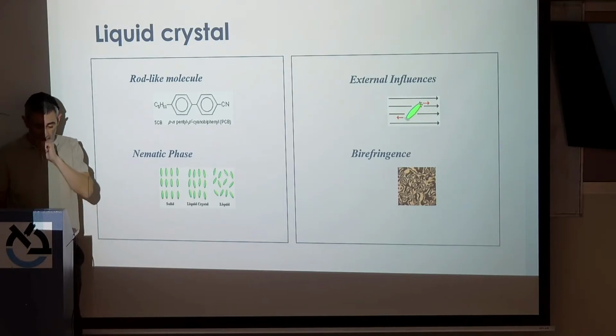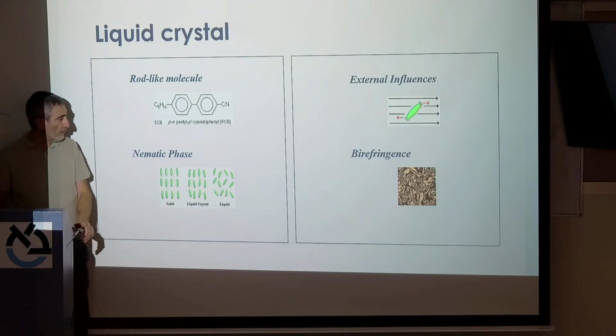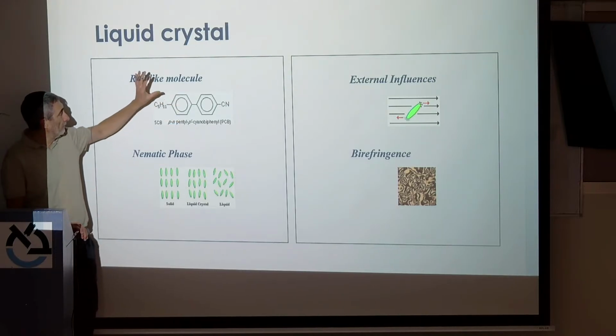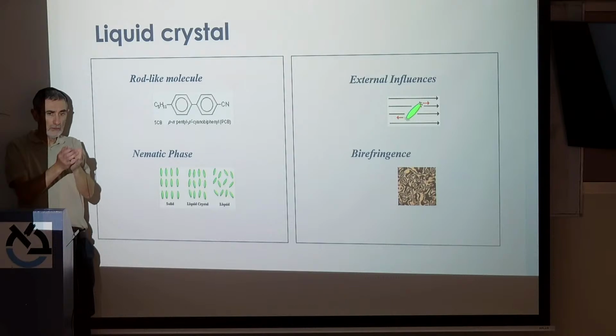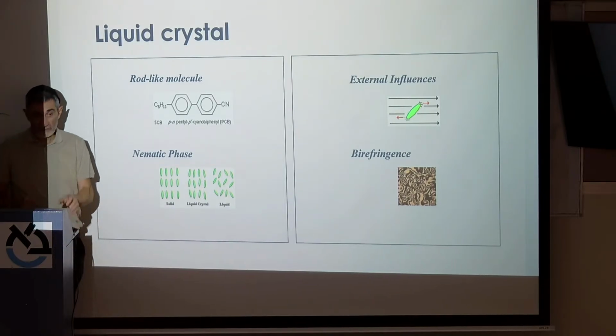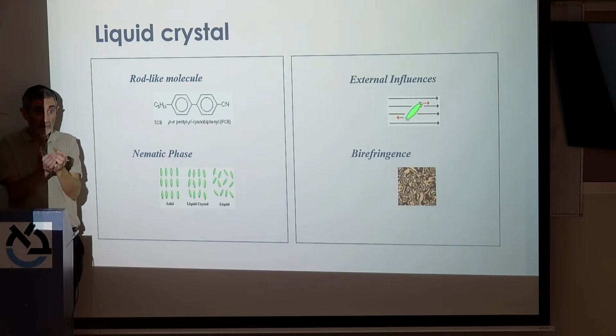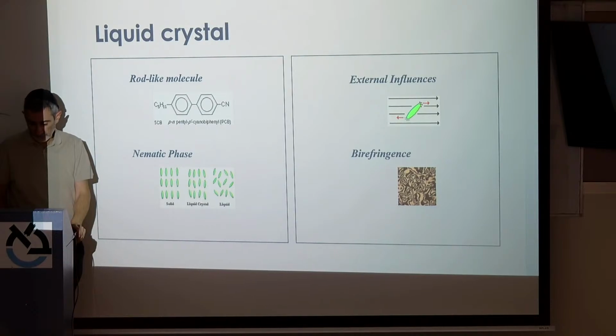In the past, a long time ago, we did some experiments where we considered liquid crystal in small spheres. So it's like a scatterer filled with liquid crystal, completely anisotropic in terms of scattering.